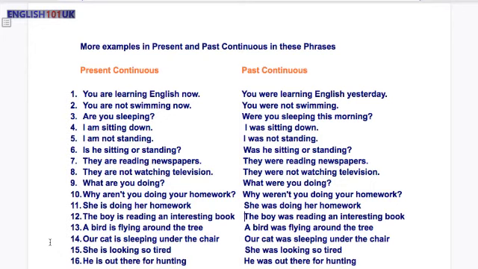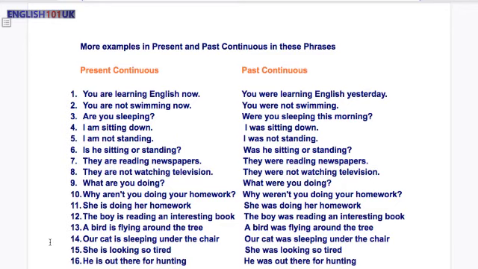A bird was flying around the tree. 14. Our cat is sleeping under the chair. Our cat was sleeping under the chair. 15. She's looking so tired. She was looking so tired.